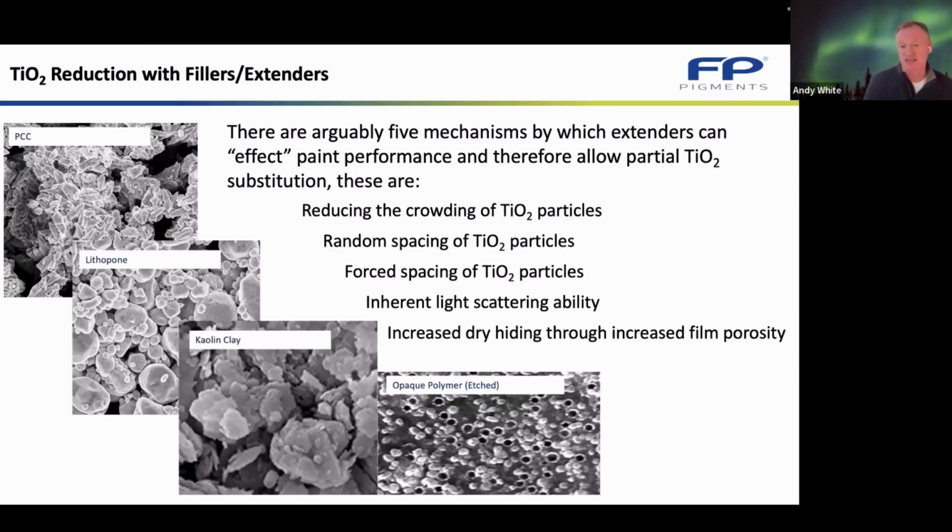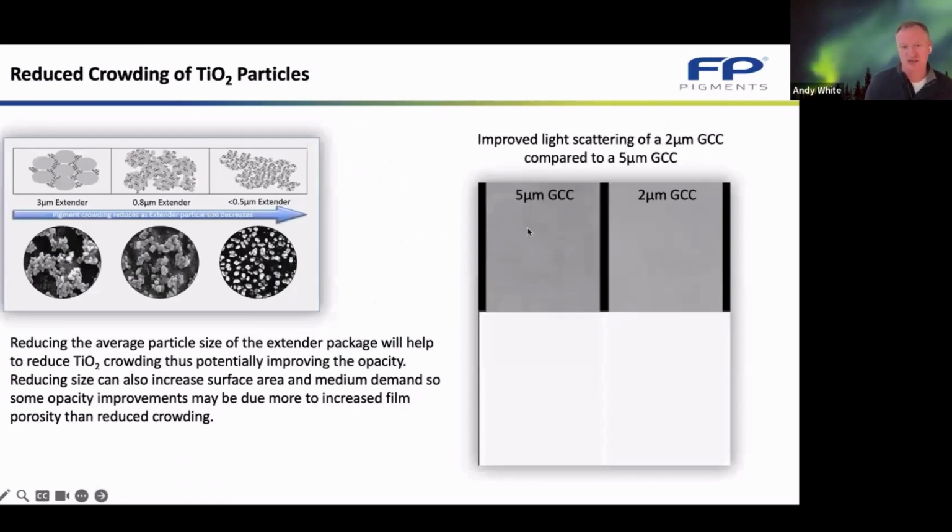There are fillers and extenders. They operate by essentially just reducing the area that the filler denies to the TiO2. So when you're trying to improve TiO2 performance with a filler, you're actually looking to reduce the amount of the area that the TiO2 can occupy in the same volume as the filler.